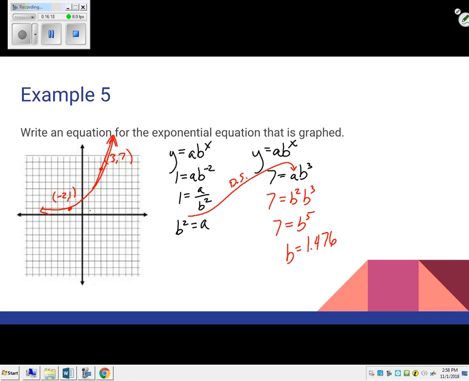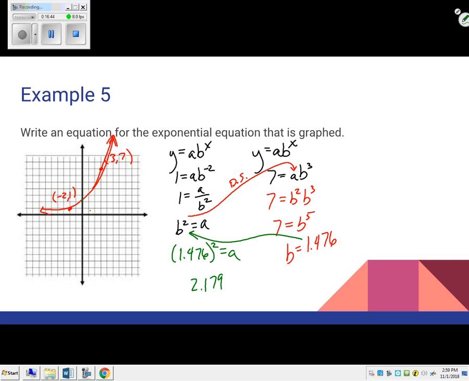Again, excuse my arrows, but now that I know b, look how much easier it is going to be to find a, because a is simply defined as whatever b is squared. So I'm going to take that answer I just got, 1.476, and square it. And so 2.179. I got pretty close on there.